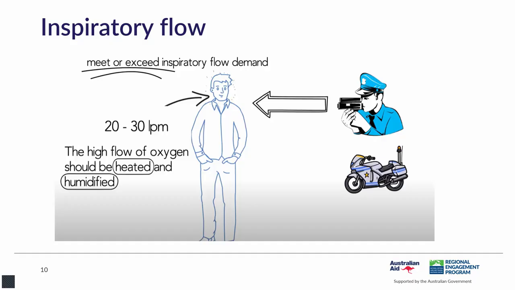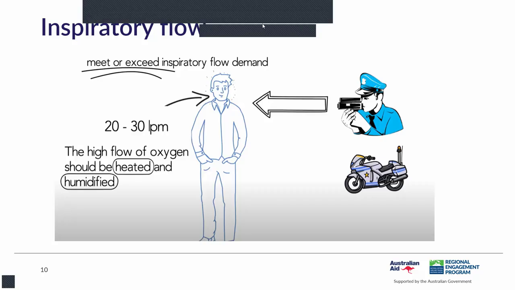So if there was a police officer with a speed camera measuring the speed that air was drawn in by our lungs from the atmosphere, it would be about 20 to 30 liters of air.